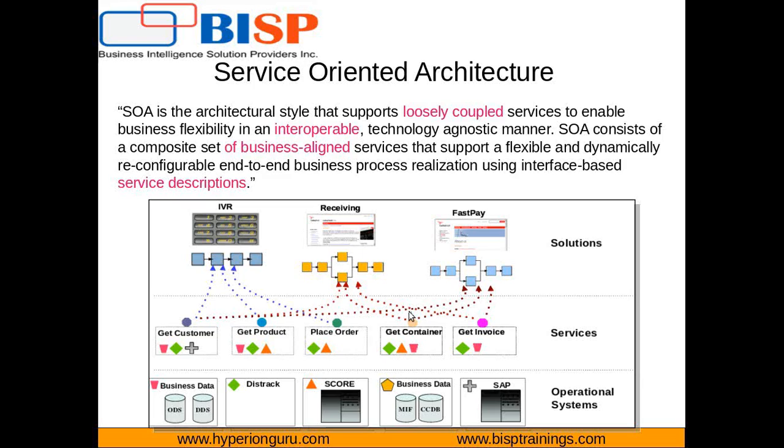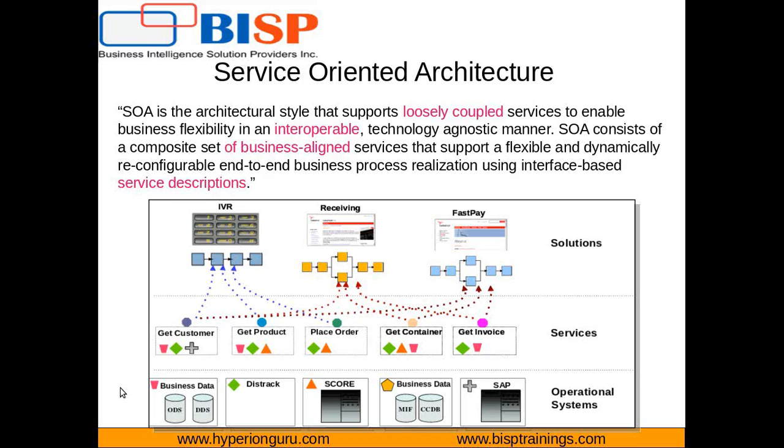And the last one is the service descriptions. This is very important, because it enables you to reuse the service as well. What I mean by service description is, if today it's Get Customer, then anywhere in the organization, say an IVR system is calling Get Customer today, tomorrow another system might want to call Get Customer.